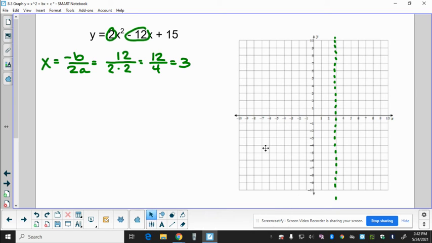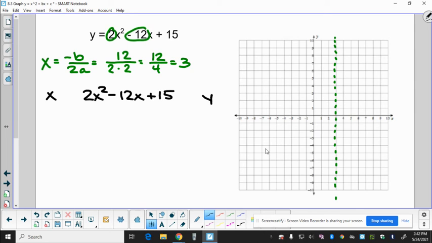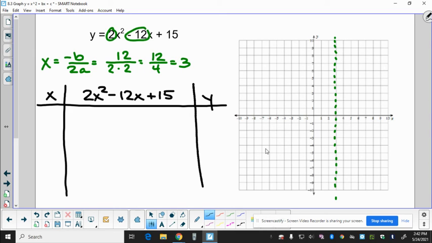That'll help us draw our function. Let's put our function in here. And let's go ahead and begin. So step number 1, choose the line of symmetry as our first point. So that would be 3.